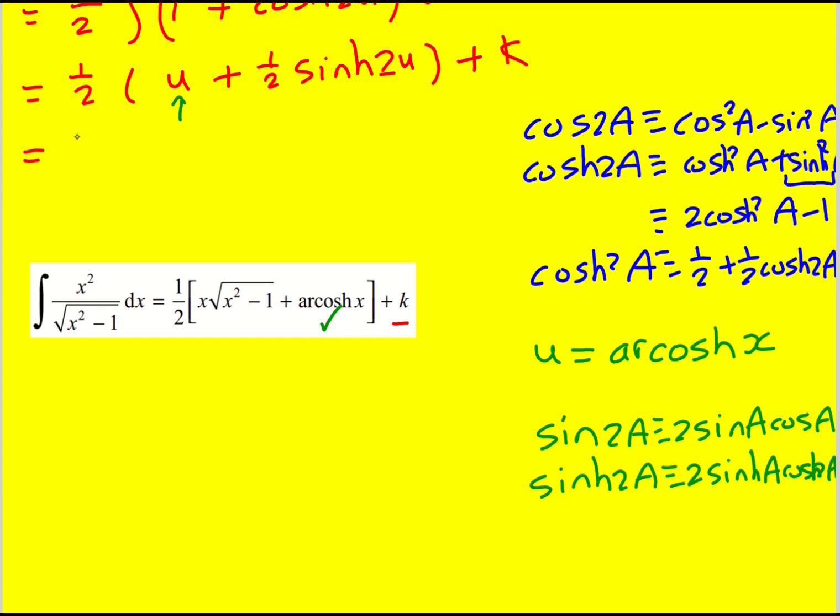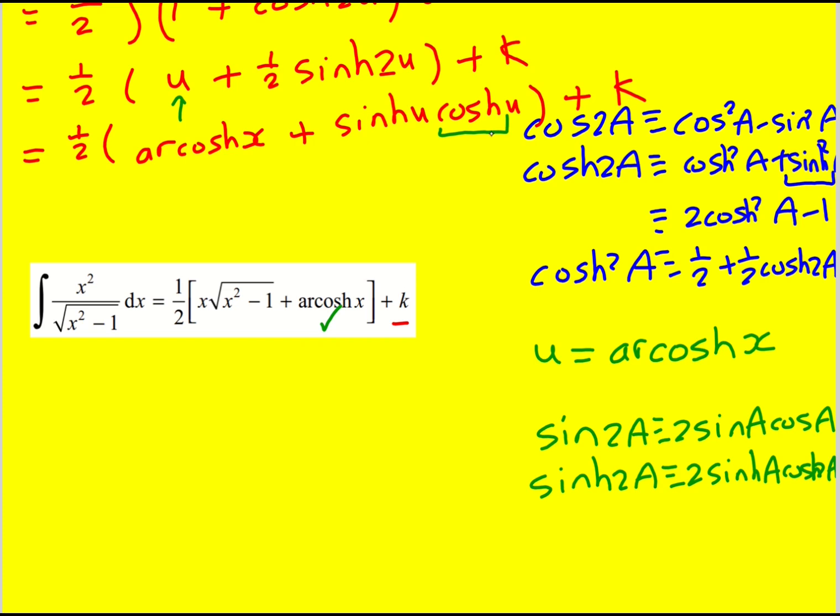So we are going to get a half, and then let's replace u by our arcosh x, and then sinh 2u by 2 sinh u cosh u, so the 2 and the half cancel, and we've got ourselves sinh u cosh u plus k. Now this one here, remember, is x, because that was our substitution to begin with, so it's just getting sinh u sorted. But we've already talked about that a little bit.